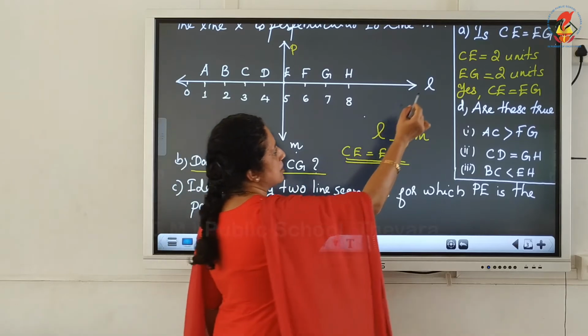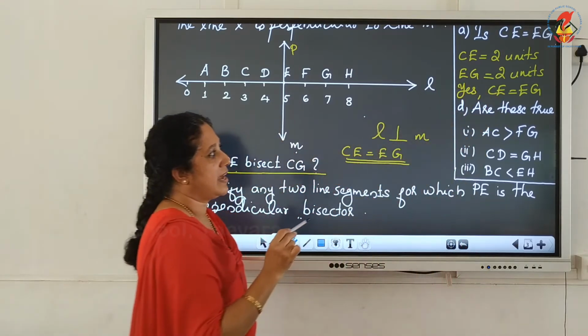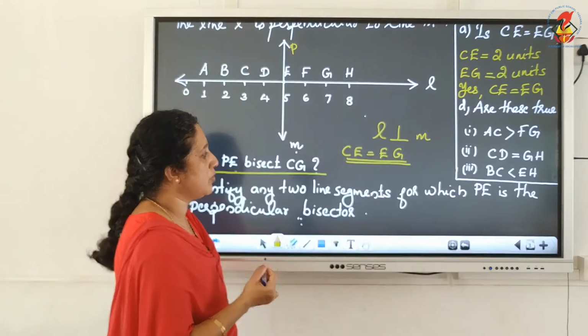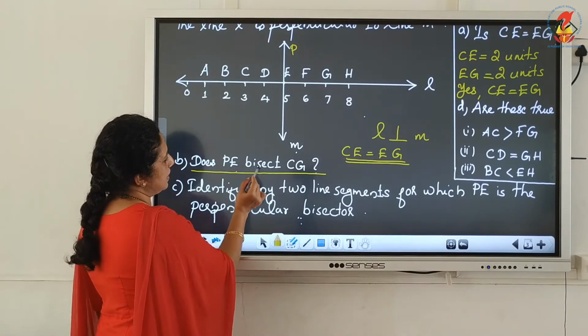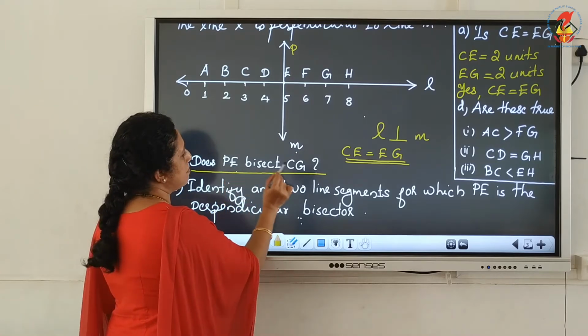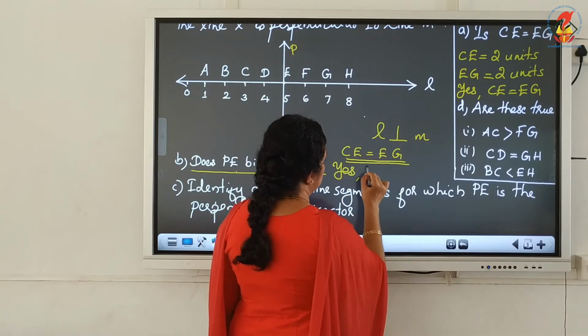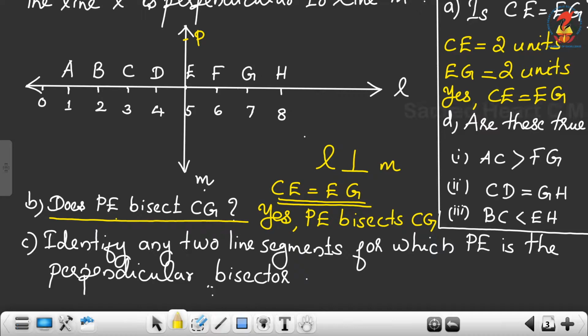Now, we got the measures of CE as 2 units and EG as also 2 units, so CE is equal to EG. Therefore, we can say that the line segment PE bisects CG. Yes, PE bisects CG.